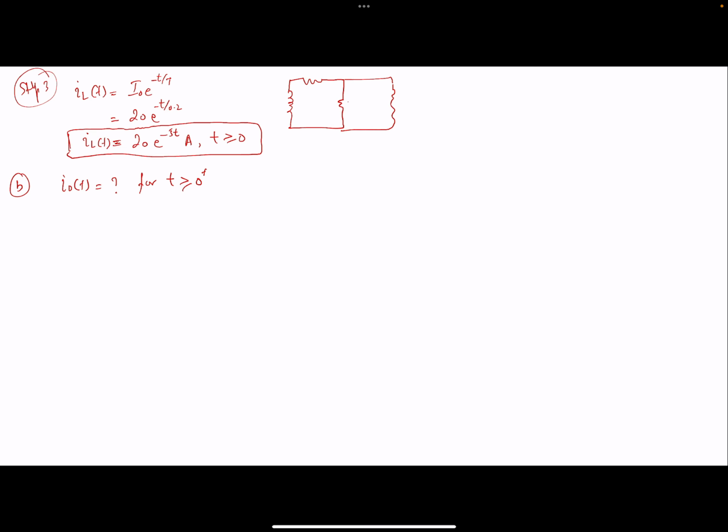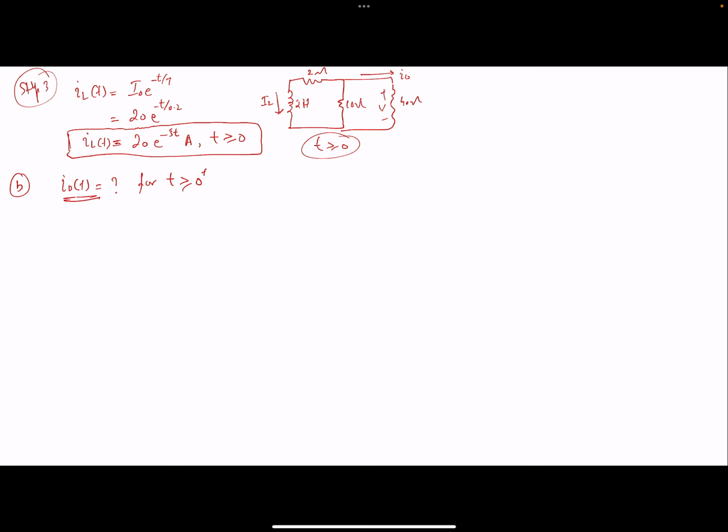So this is 10 ohms, this is 40 ohms, 2 ohms and 2 henry. This is the inductor current, I naught, and plus minus V. Again, this is the circuit for t greater than or equal to 0. I need to find the value of I naught of t.